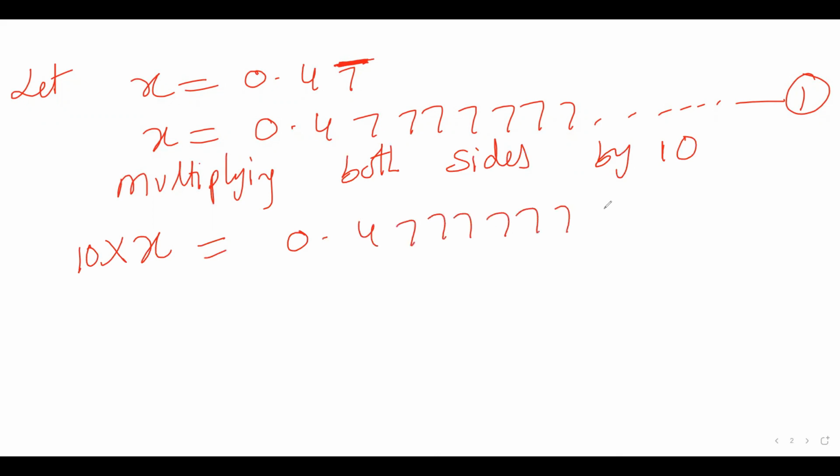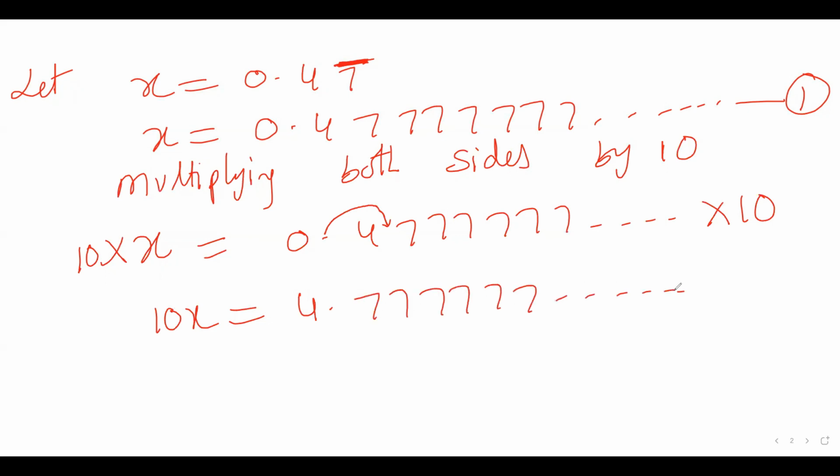On the right hand side also 10 is multiplied. 10 into x is 10x. On multiplying with 10, the point will shift one digit ahead. You will get 4.77777, so on. This is your equation 2.